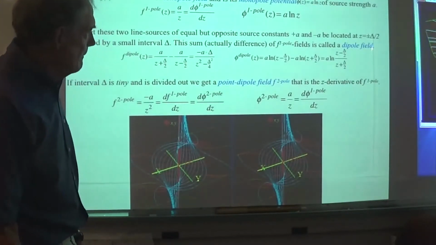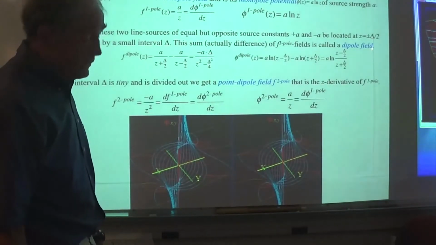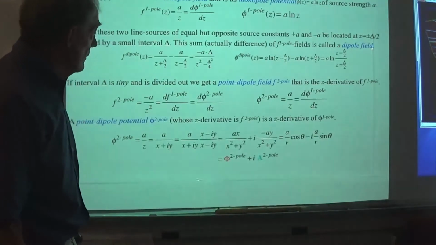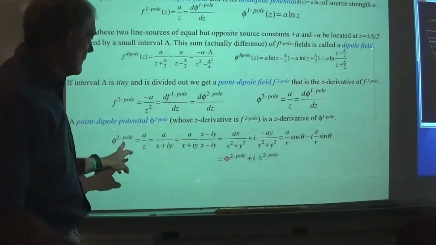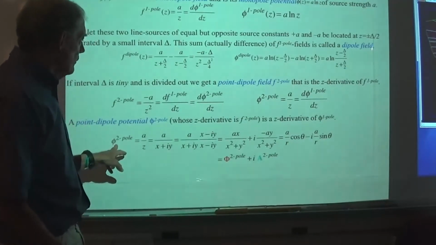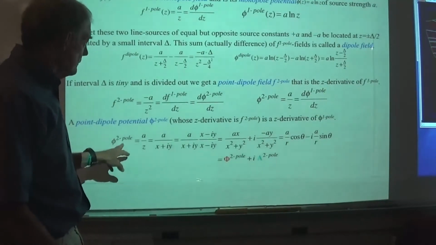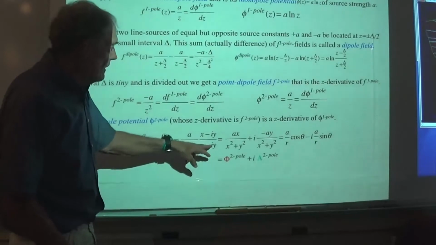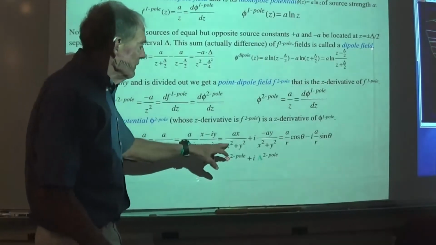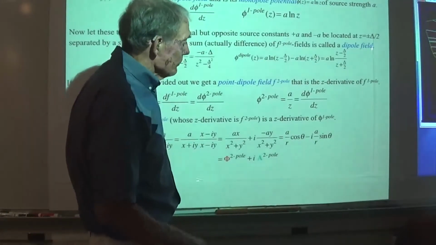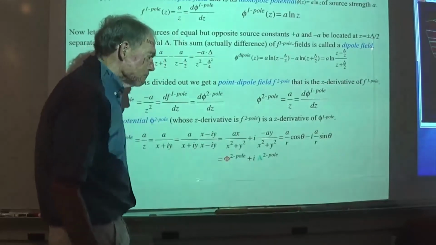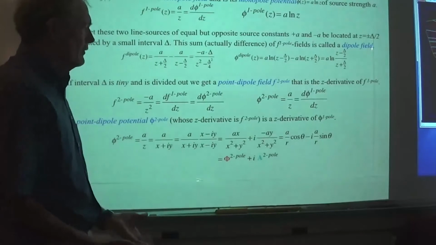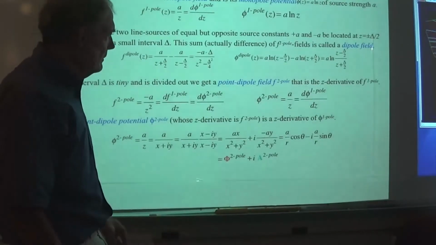Okay. Let's see if there's anything else I need to say about this. Oh yes. This, I guess, is right. If you're going to go ahead and write this thing out, I've written it out that way, then you get an expression like this, which we're going to see a lot of. This is a resonance function later on in the mechanics that we're going to be doing.